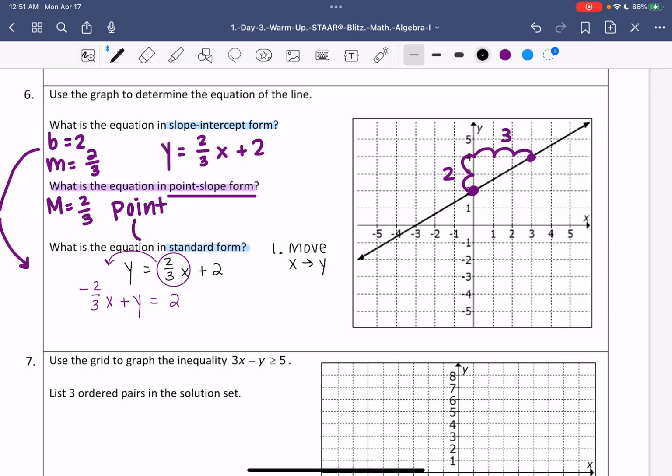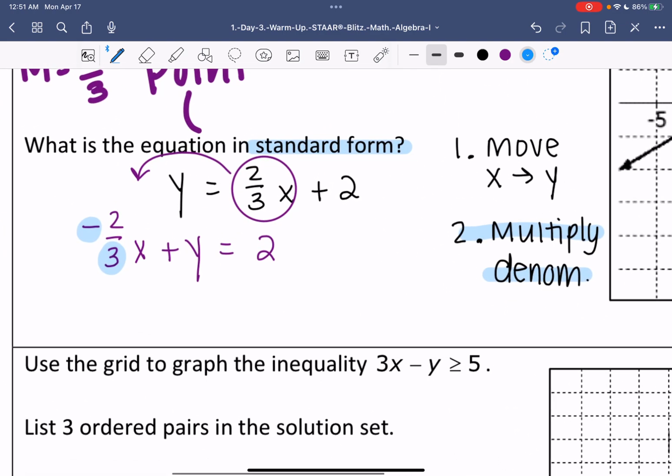And then step 2 is to multiply by the denominator. So remember, if it's a negative number, we want to multiply by a negative. So the denominator here is 3. But because it's a negative, I'm going to multiply by a negative 3.